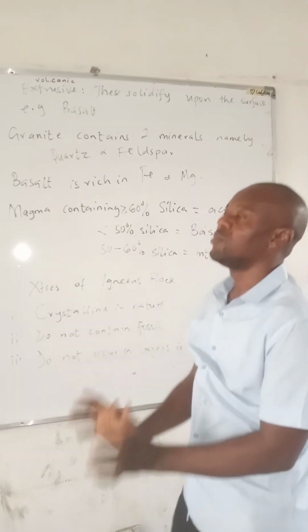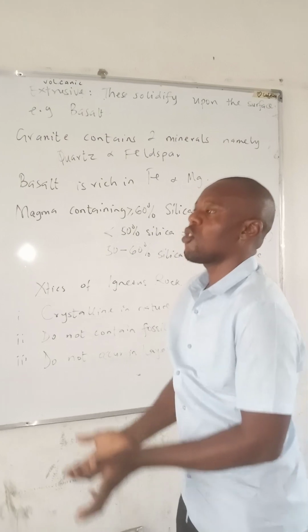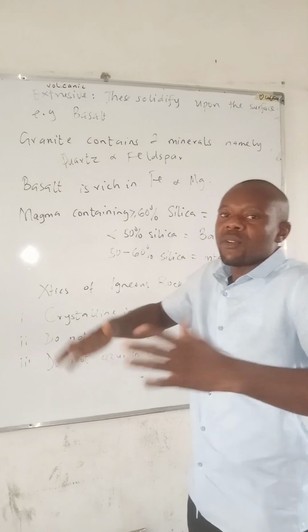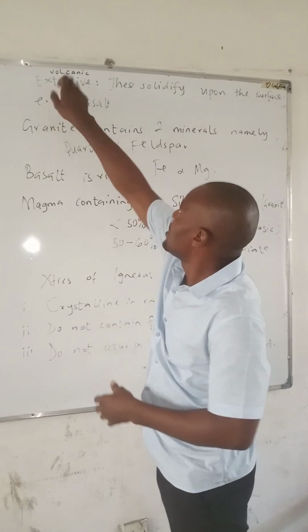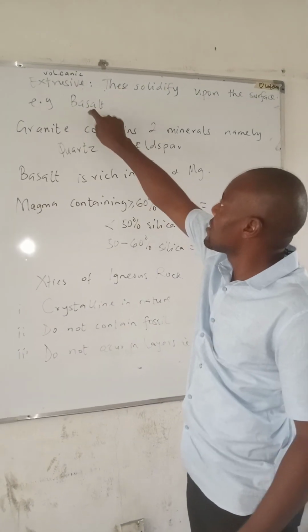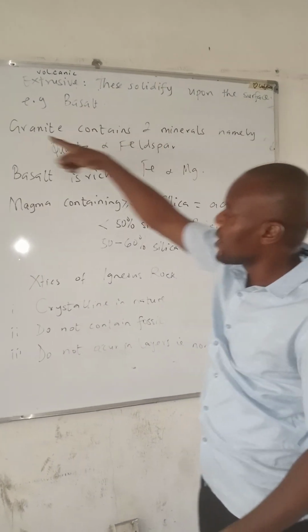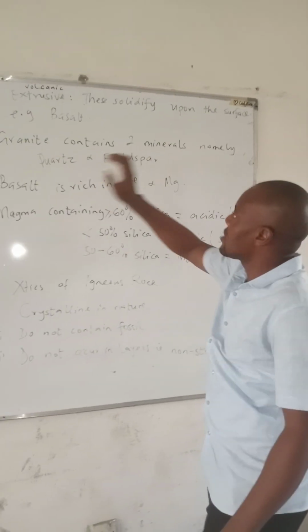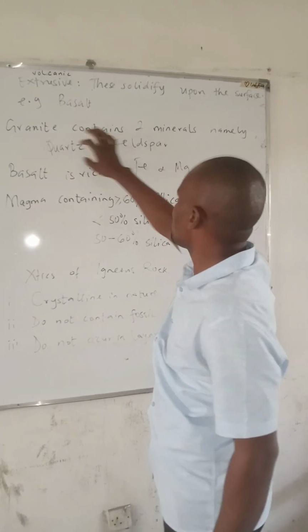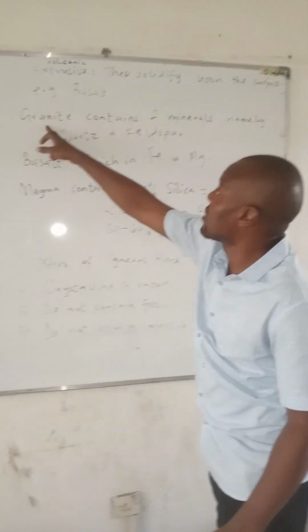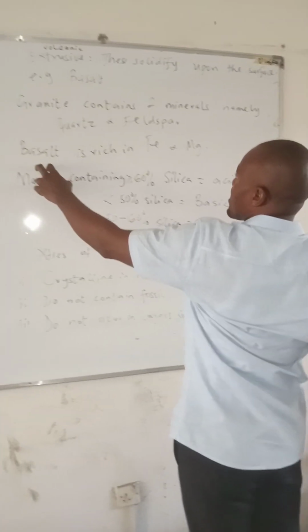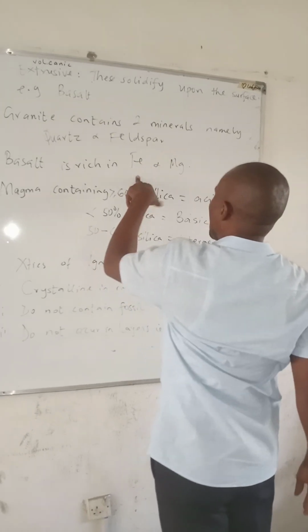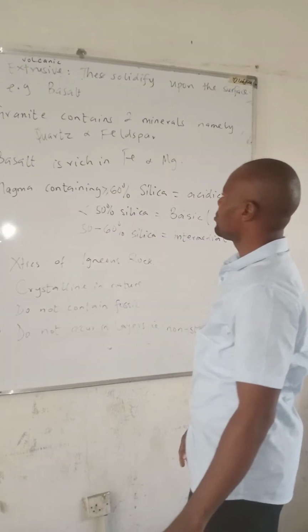When the molten magma comes out to solidify on top of the earth surface, we say it is volcanic. Example is basalt. Now the granite, which is intrusive, contains two minerals known as quartz and feldspar. These are the two major minerals granite contains, whereas basalt is rich in iron and magnesium.